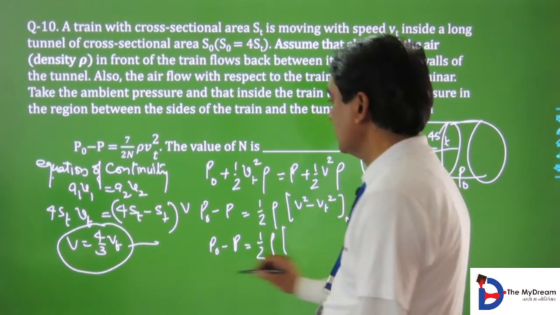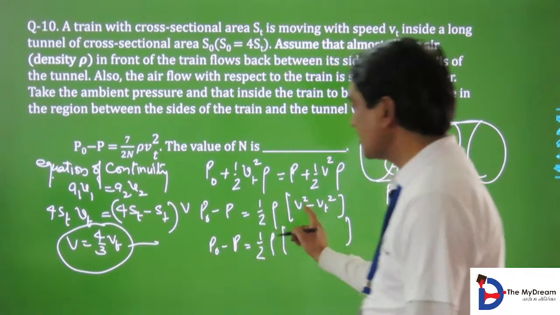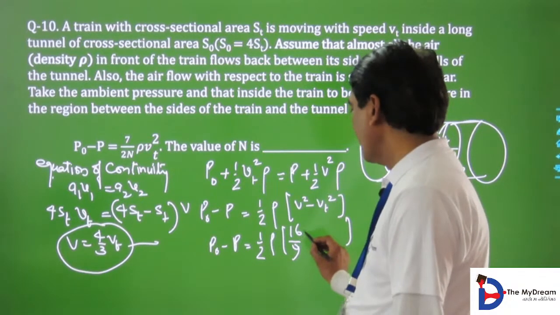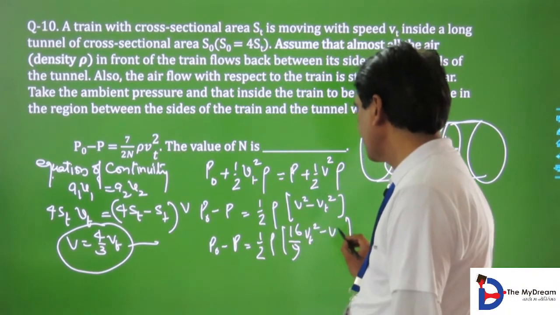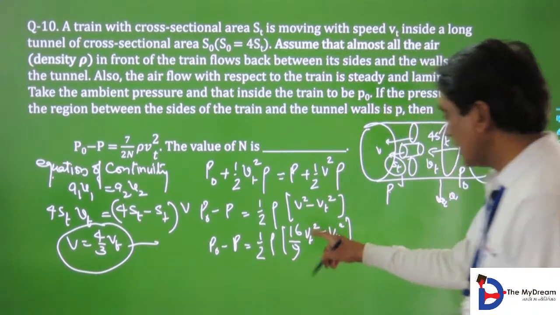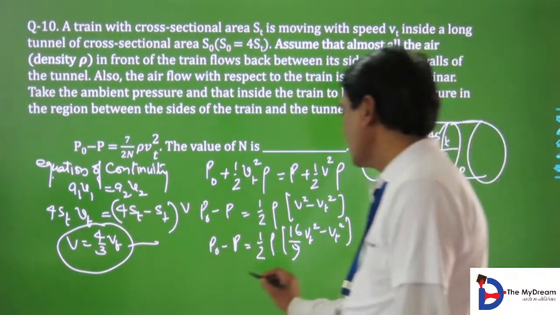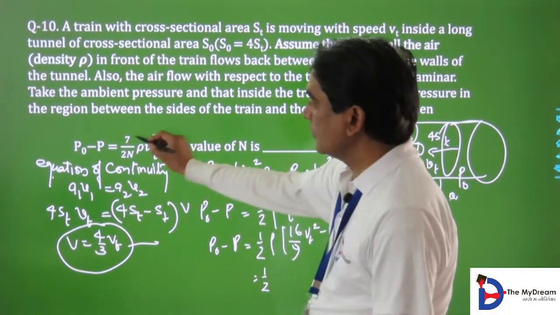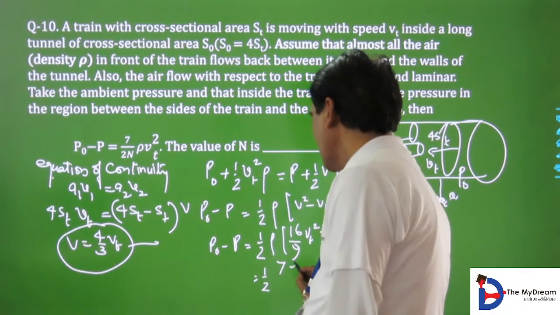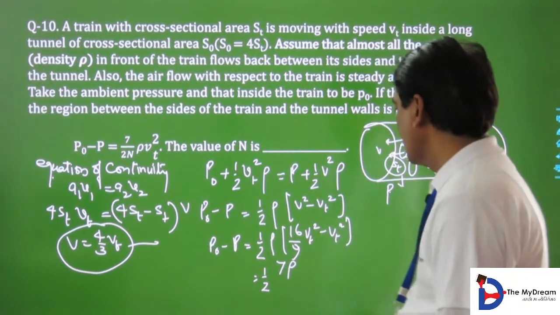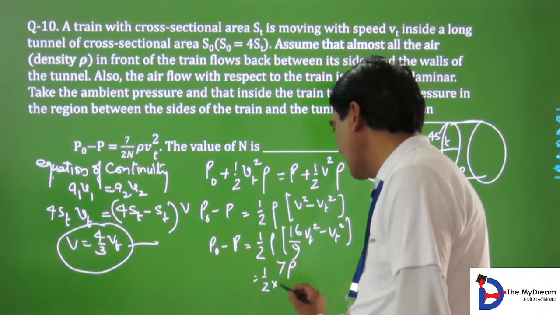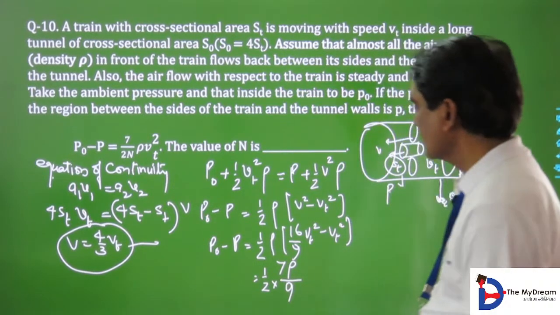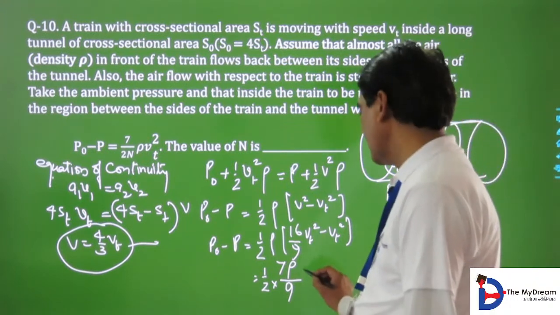This is v and this is v square, so you can write the square as 16 over 9 Vt square. 16 minus 9, then you will get 7, so 7 divided by 9 into Vt square.